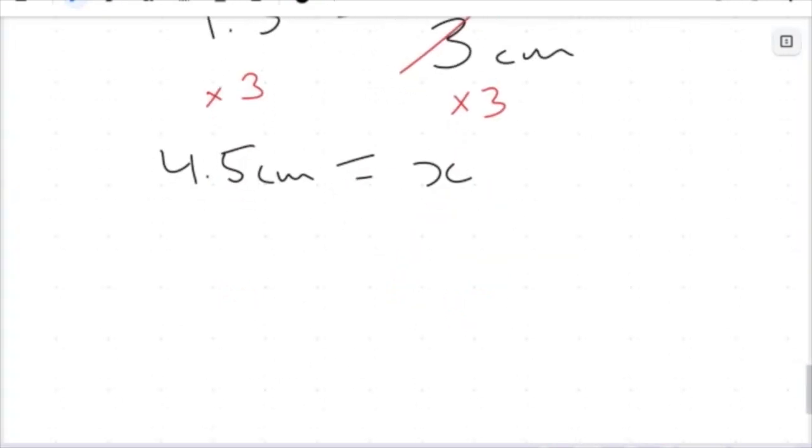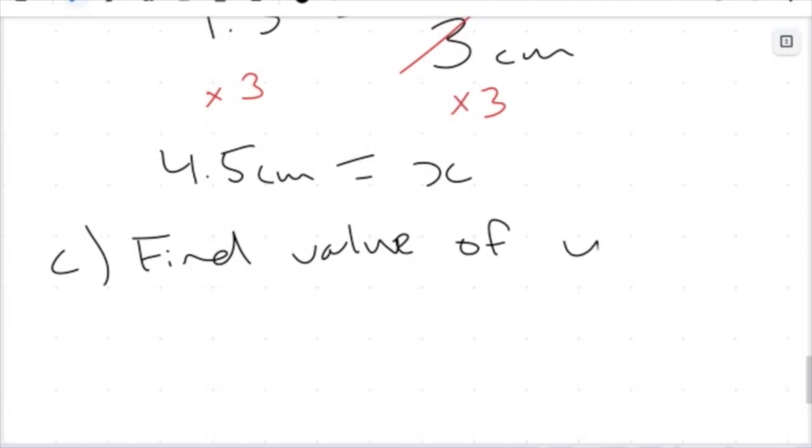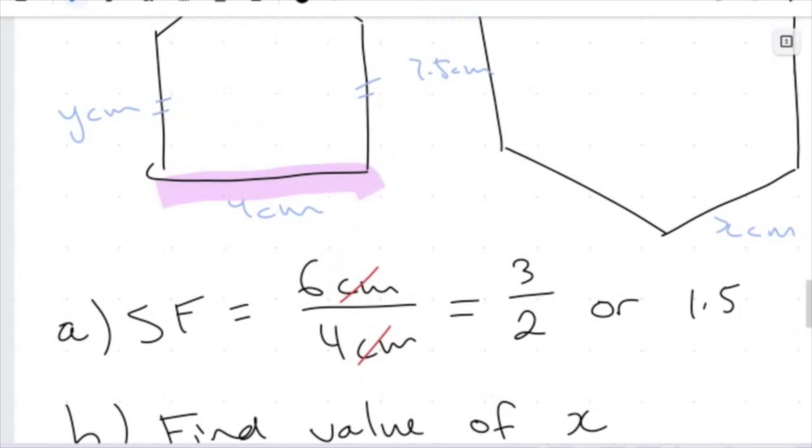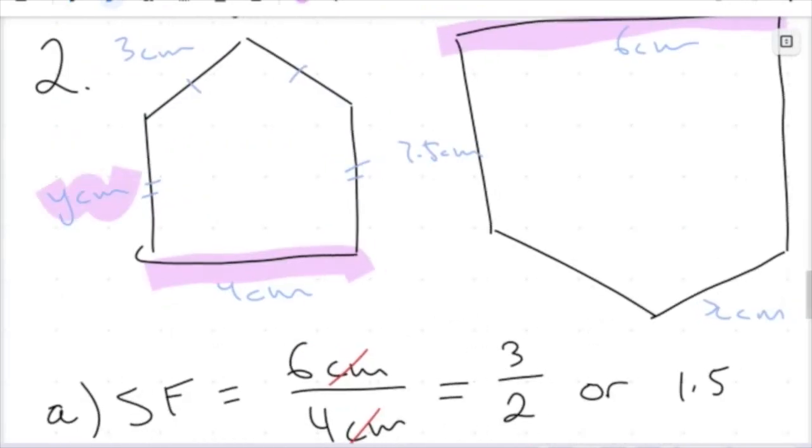Now, part C, I want to find the value of y. Now, y is on my original here. So I have to find the side on my new image that syncs up, that pretty much is the equivalent to this one on my original.